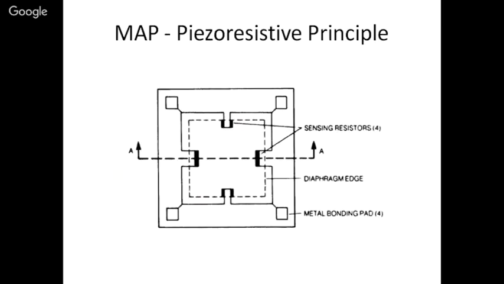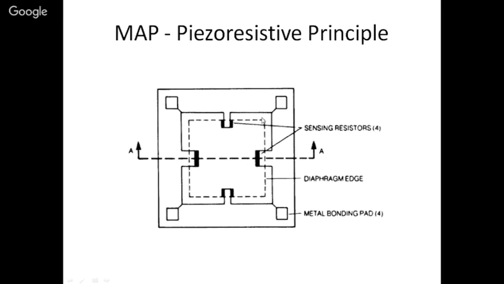What you see here is the piezoresistive principle of a MAP sensor. You have a diaphragm, and these are very small diaphragms. For example, a typical MAP sensor has a diaphragm of side 1.5 or 1.6 mm, a square of at most 3 square millimeters in area. This diaphragm will deflect when pressure is exposed to it.